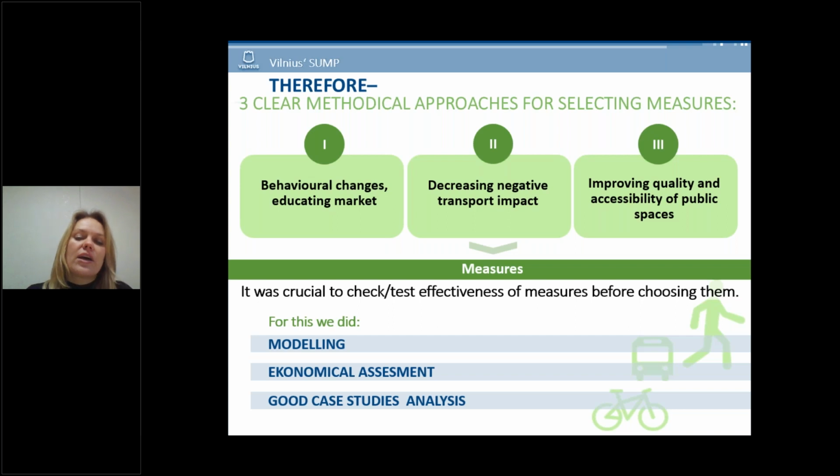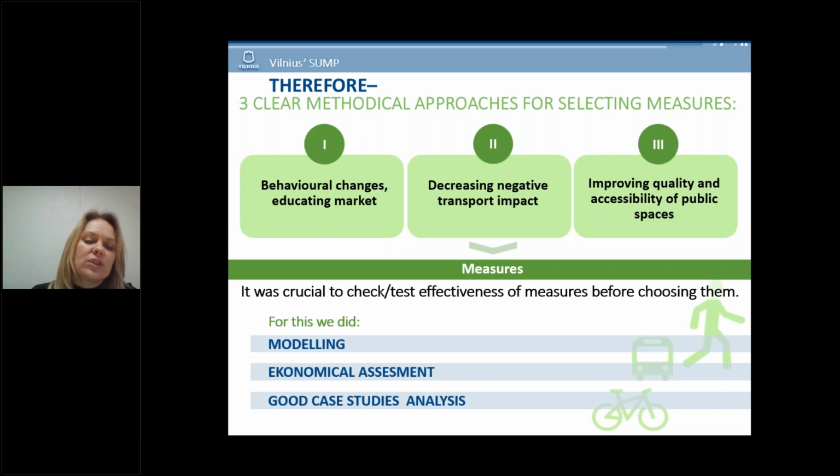But for choosing and deciding on the particular measure, we of course did a good case studies analysis, and we have a great library of various tools and decisions which could be applied in cities. We also did modeling to test a bit how, for example, public transport solutions really affect city life.